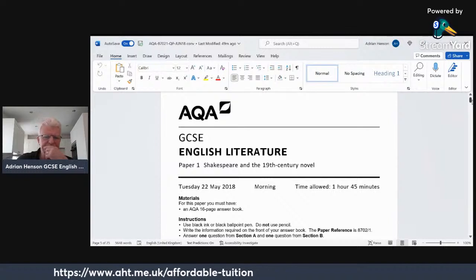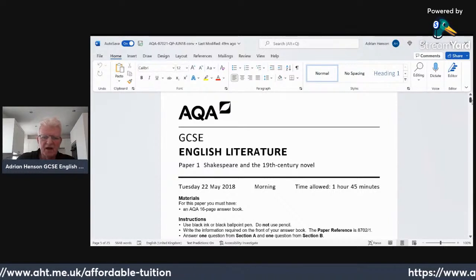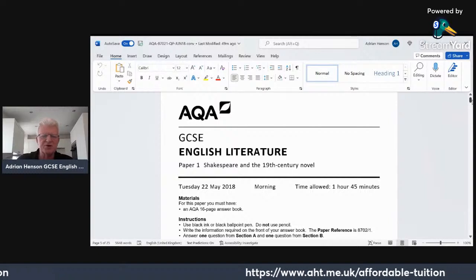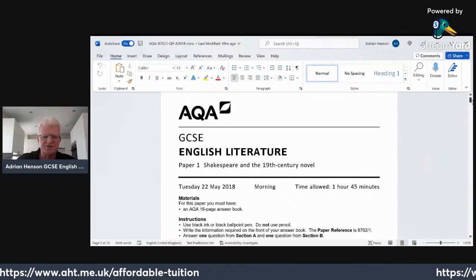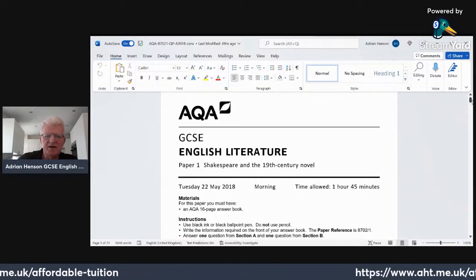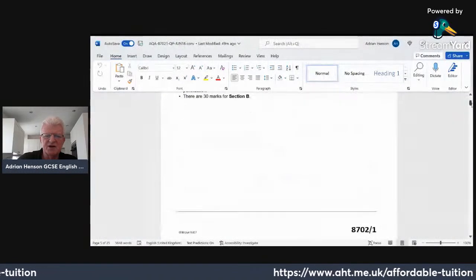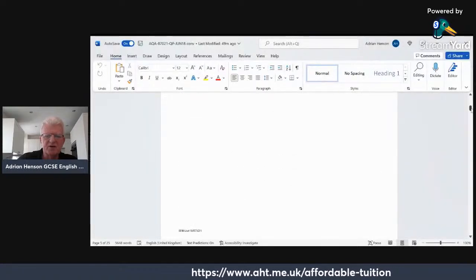That's this one here. And it talks about what's going to be inside this paper. It's going to last for 1 hour 45 minutes. And this was a paper in May 2018, etc. And it's Shakespeare and modern text.